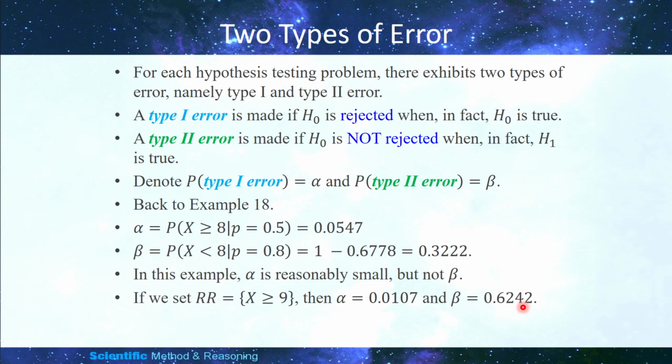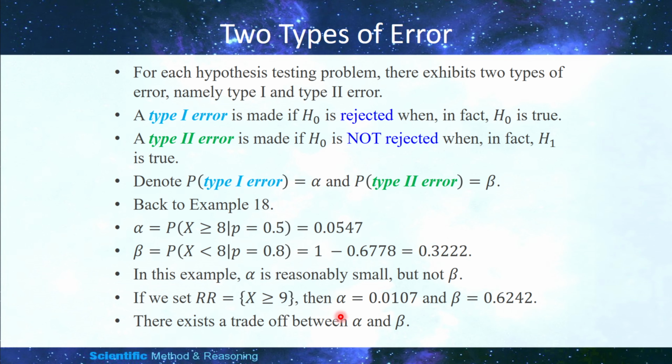So for a fair hypothesis test, we would like to strike a balance such that we have reasonably small type 1 and type 2 errors, but somehow it is difficult to control. For example, if we set the rejection region to be x greater than or equal to 9, which is more stringent, then we have an even smaller probability of committing a type 1 error, where alpha would become 0.0107, but beta will be inflated to 0.6242.